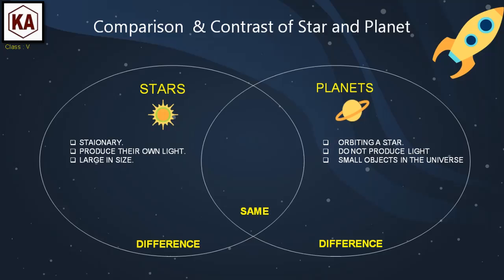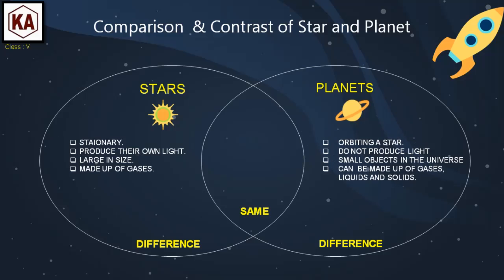Don't get confused with the star you see in the sky. They're so far away, that is why they look so small. But they are even bigger than our sun. Stars are made up of gases, whereas planets are made up of gases, liquids, and solids.